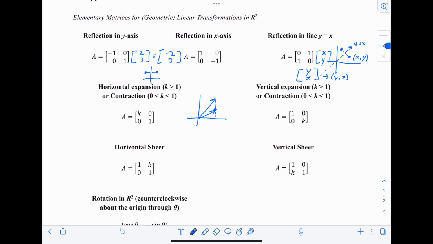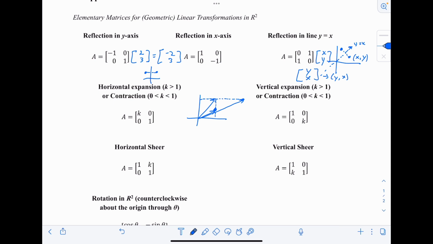Or if I did it horizontally, same idea. Let's say I wanted to expand it by a factor of 3. Horizontally, I'm simply going to focus only on the horizontal. So in a horizontal expansion or contraction, the vertical stays the same. In the vertical expansion or contraction, the horizontal stays the same.